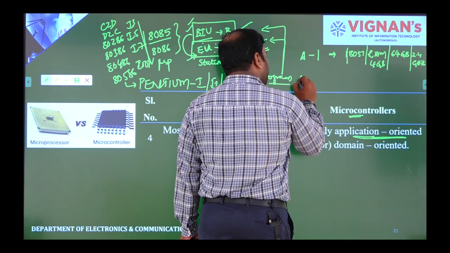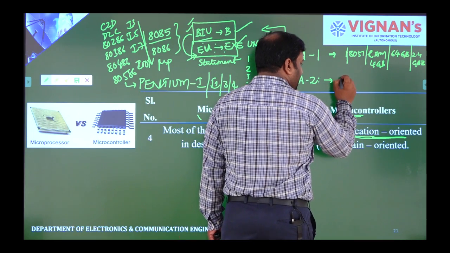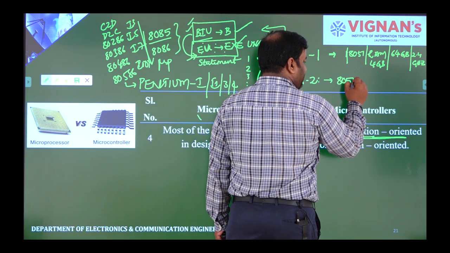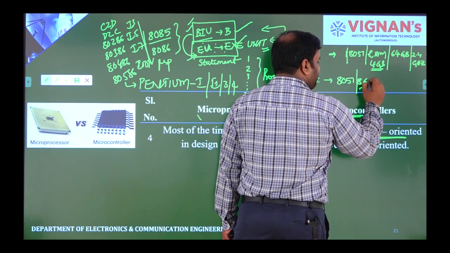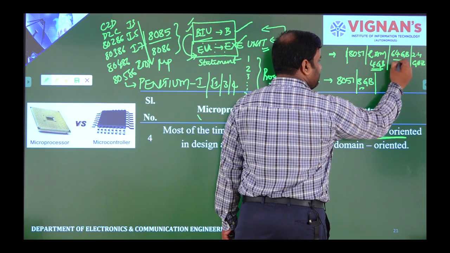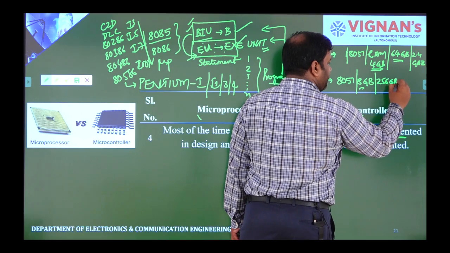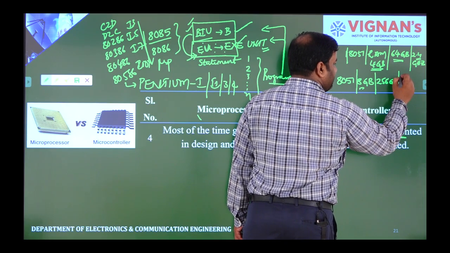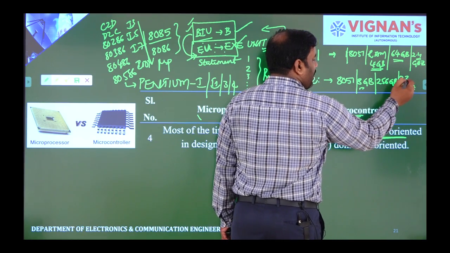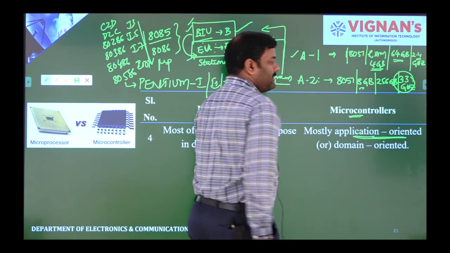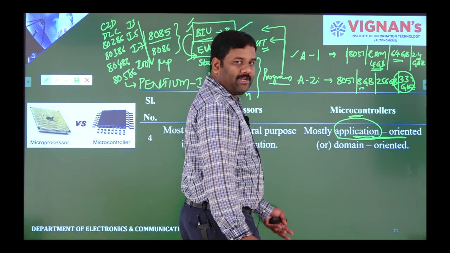For example, I have one more application which is irrelevant to A1. Here also I may use 8051, but maybe 4 GB RAM is not sufficient, so I'll go for 8 GB. If 64 GB is not sufficient, then I'll go for 256 GB. If the clock speed is not sufficient, I'll increase it up to 3.3 gigahertz. So how much clock speed I need depends upon which application I am going to execute or implement.